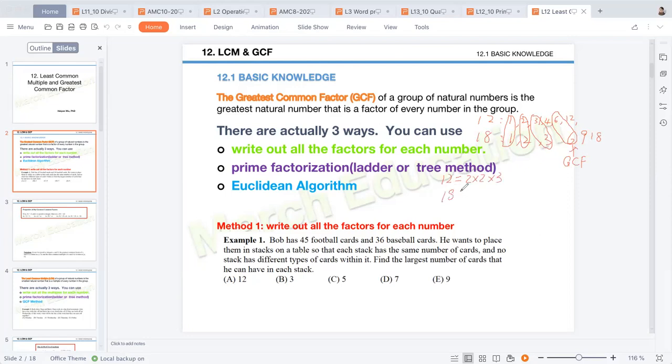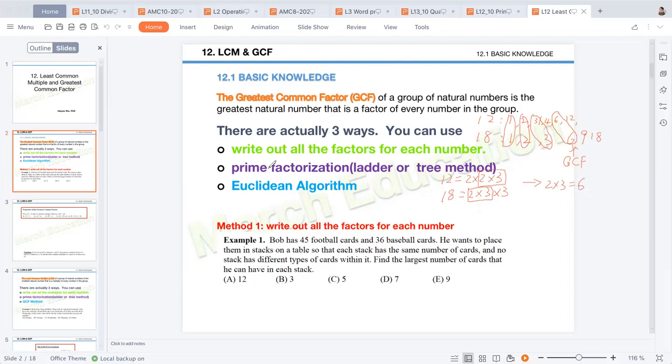And 18 equal to 2 times 3 times 3. Okay, I just find the common part. The common part is 2 times 3. So in this way, I know the greatest common factor is 2 times 3 equal to 6.